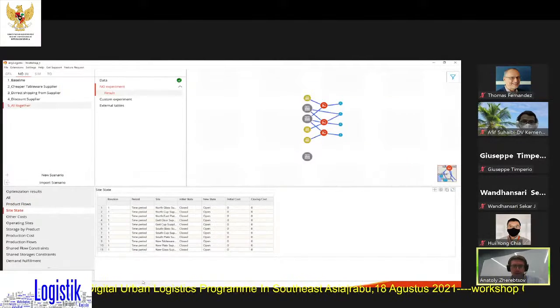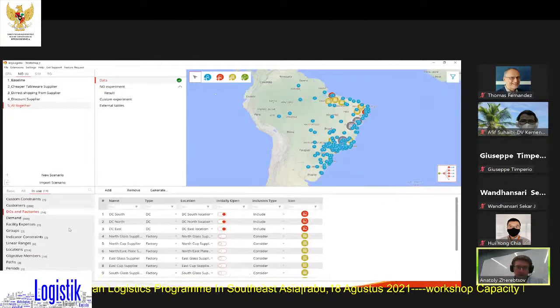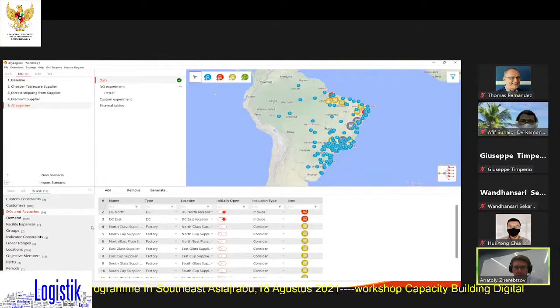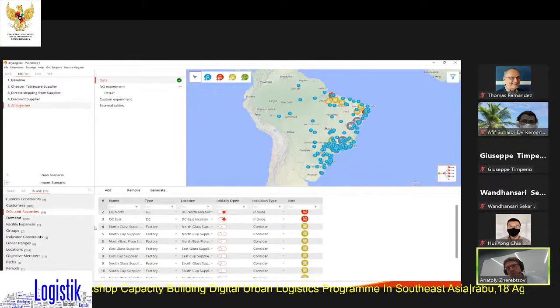Site state is a table that informs you which facilities are closed or opened, or which facilities change their state in order to get a solution. In this case, you can see that all the suppliers or all factories are initially closed, and the optimizer considers whether it makes sense to open each facility to use in the supply chain.